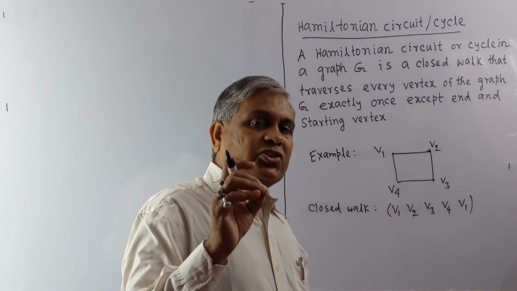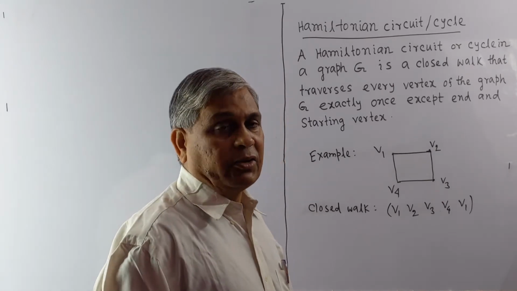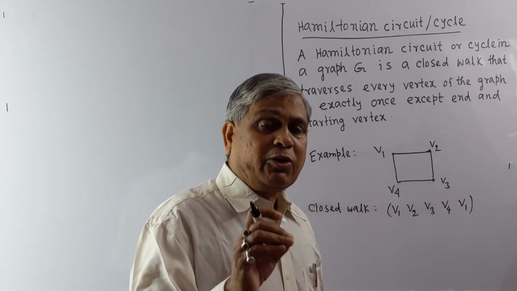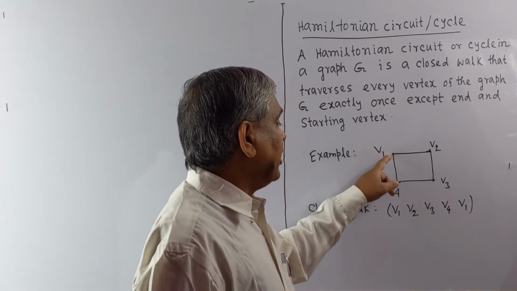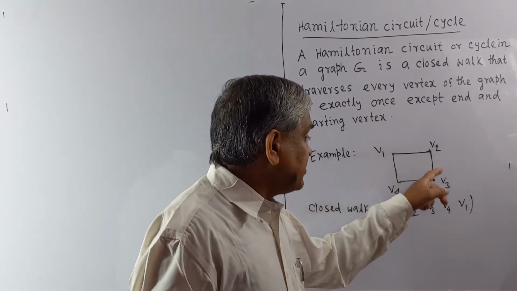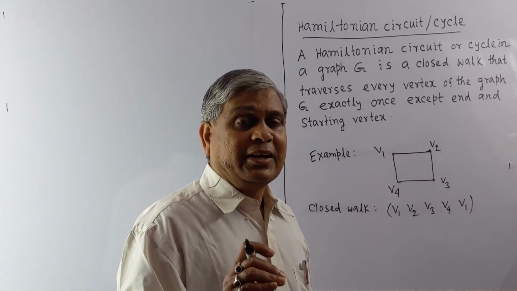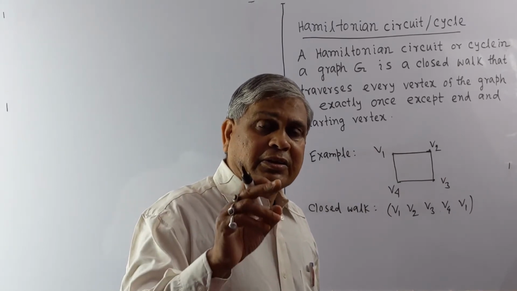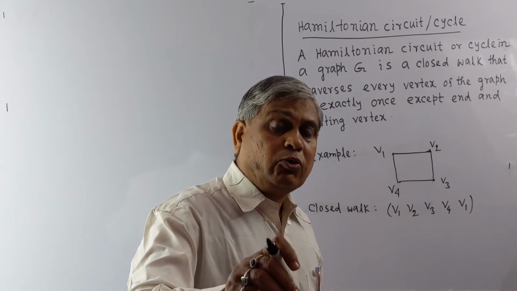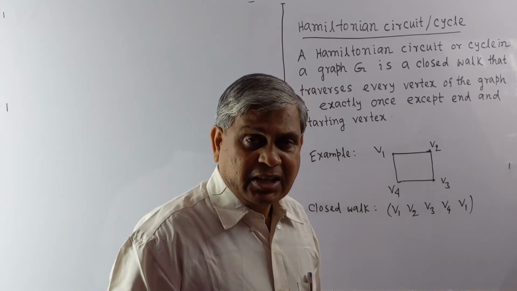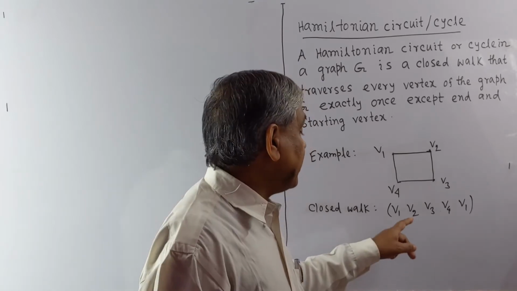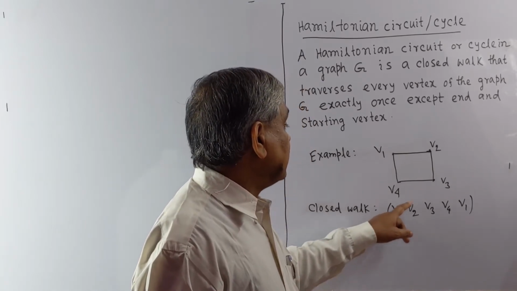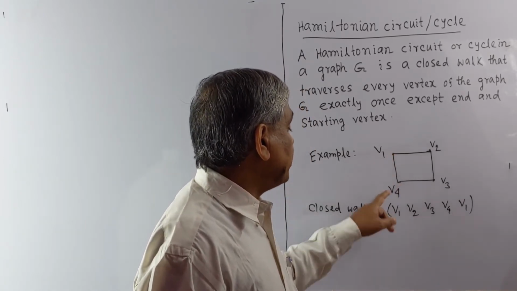And this is a closed walk. We start our walk at vertex V1, then this becomes a circuit. In this circuit, we include all the vertices, and in this walk, no vertex is repeated except the starting and end vertex V1.